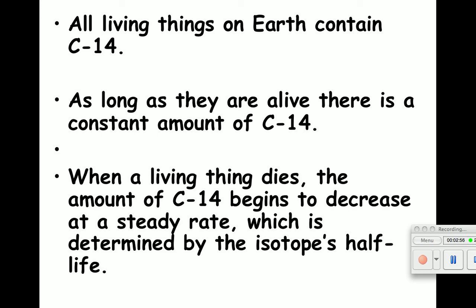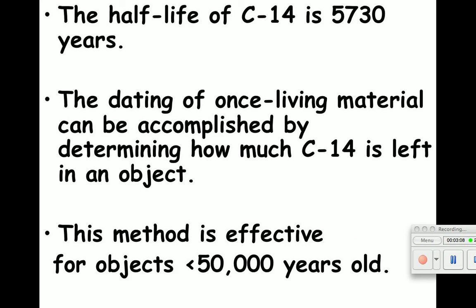So when a living thing dies, the amount of carbon-14 begins to steadily decrease because you now have a set amount of carbon-14 that's radioactively decaying. And that's determined by the half-life of carbon-14, which is about 5,730 years.